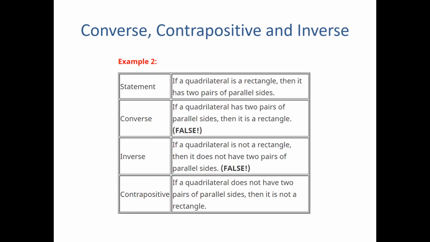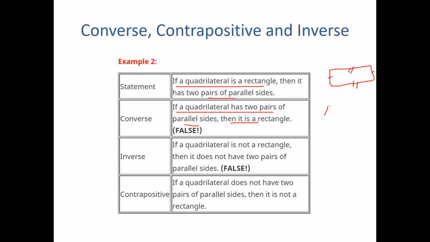But if we look at another example: if a quadrilateral is a rectangle, then it has two pairs of parallel sides. Makes sense? You have a rectangle, then you have two pairs of parallel sides. Converse: if a quad has two pairs of parallel sides, then it is a rectangle.